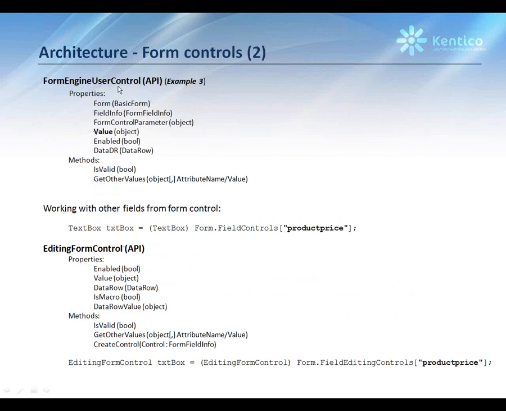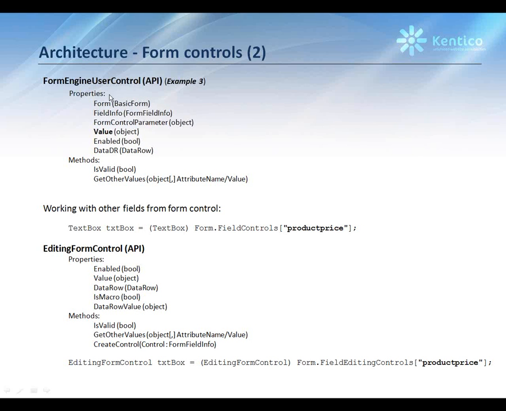So when trying to develop a custom form control, you need to inherit from the FormEngineUserControl class. Properties of this class are Form. It holds the basic form. FormFieldInfo class is used for this property.